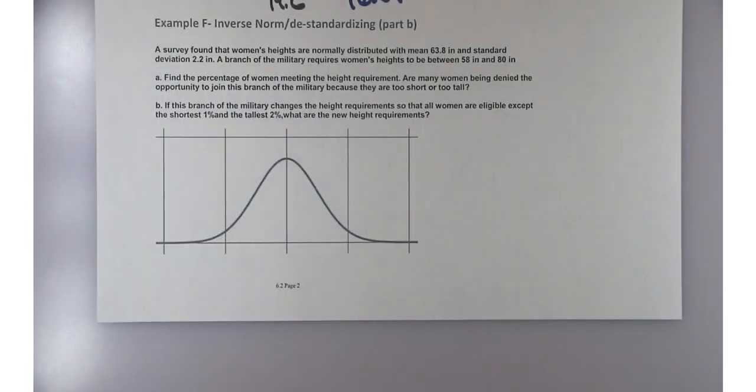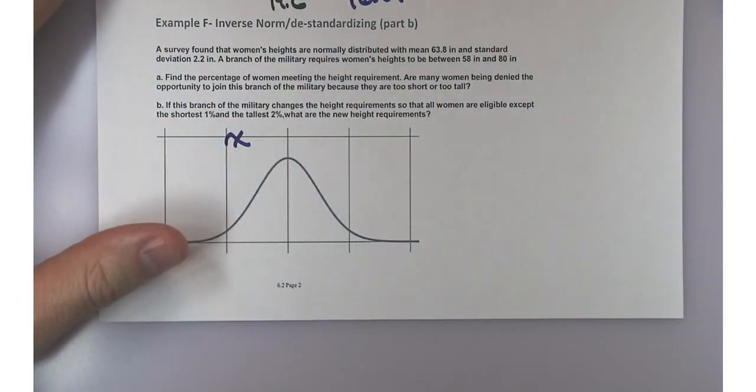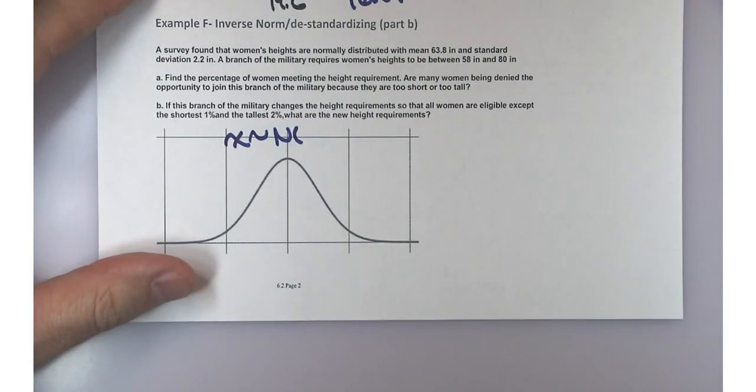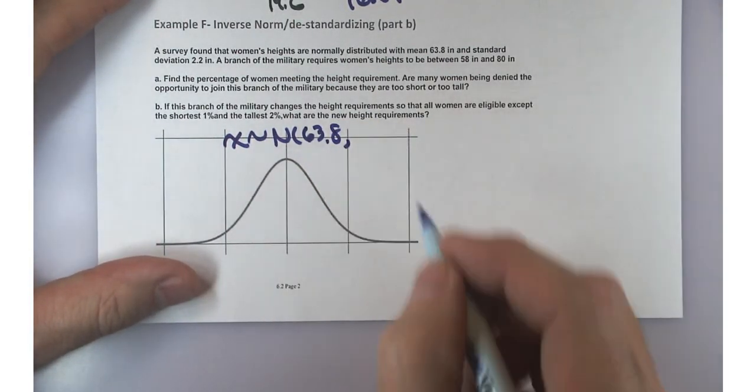Let's move down to example F. Now, the mean and standard deviation that we have here are a little bit different than what we used when we personalized this for you. This is coming from the problem itself, not necessarily from Google anymore. So they say that women's heights are normally distributed with a mean of 63.8 inches and a standard deviation of 2.2.